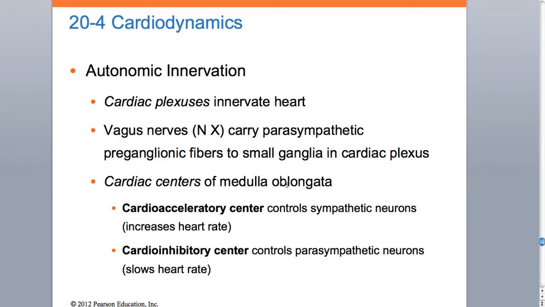And where do I find these centers? In the medulla oblongata. You should know this from 2401. Because in 2401, you learned that the medulla oblongata played a role in both vasomotor of your blood vessels as well as the heart rate. So that's a reminder from 2401.